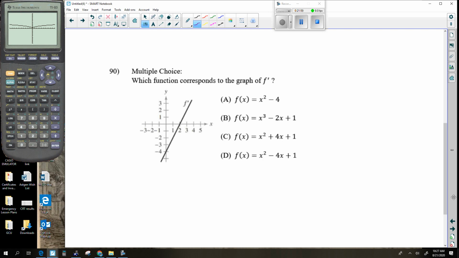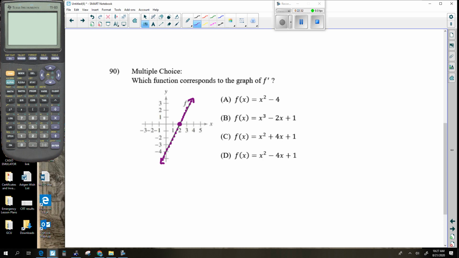So what is the slope of this unshown graph at x is equal to 2? Well, it's 0. To the right of the 2, it's positive. To the left of the 2, it's negative.